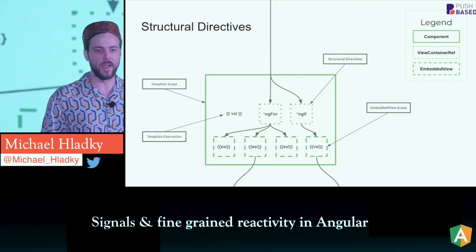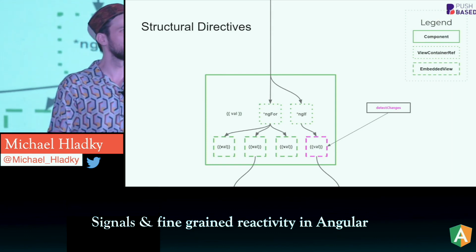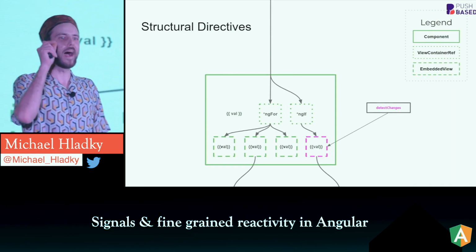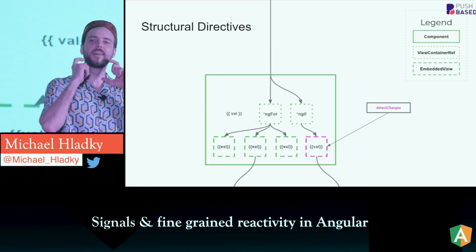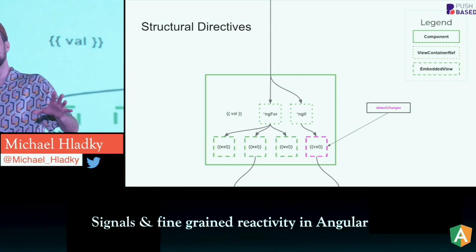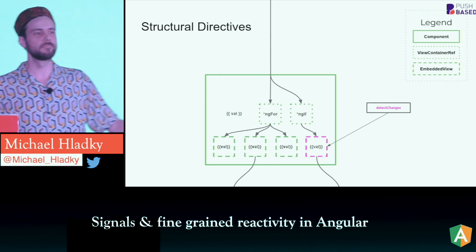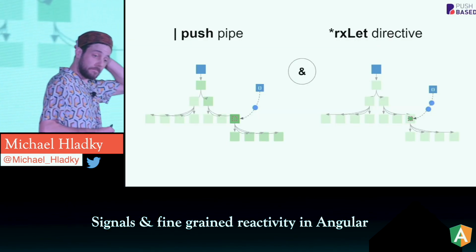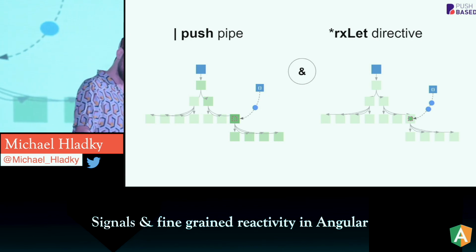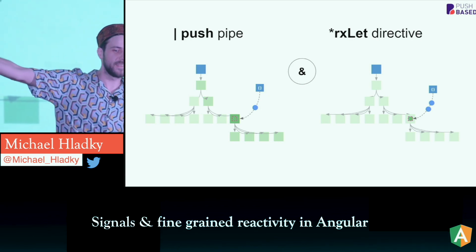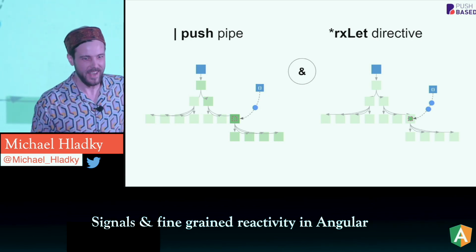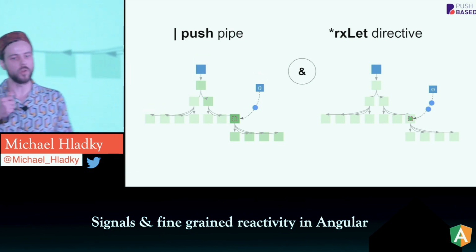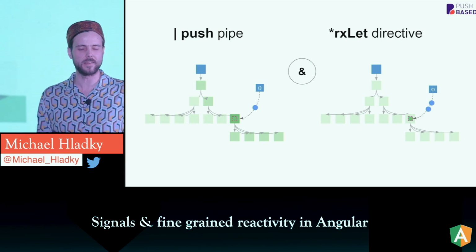And as you know, an embedded view has a method that is called detect changes. And in this way, I only update this very template snippet and not the full component and not the full app. Real fine-grained reactivity. Just to compare, on the right side, you see the push pipe, it is already reducing to one single component, really nice impact.